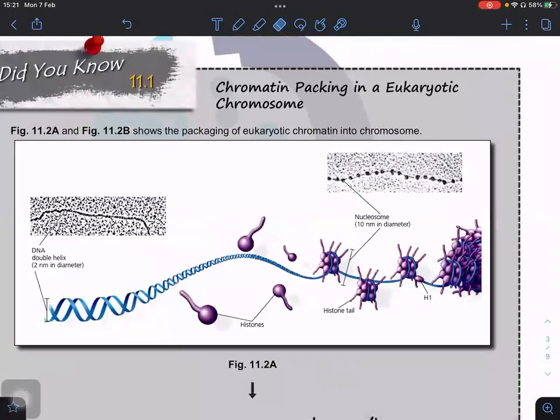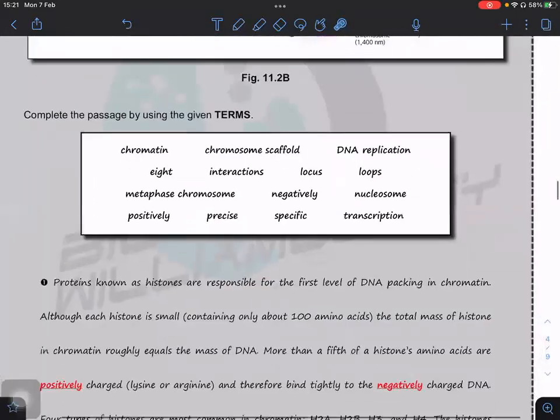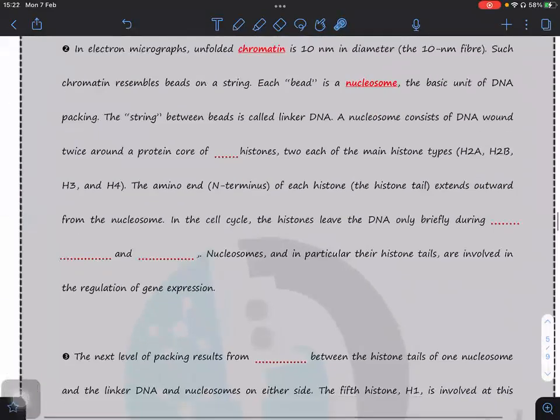The beads on a string. The string between the beads is known as the linker DNA. A nucleosome consists of DNA wound twice around a protein core of 8 histones, 2 each of the main types: H2A, H2B, H3, and H4.